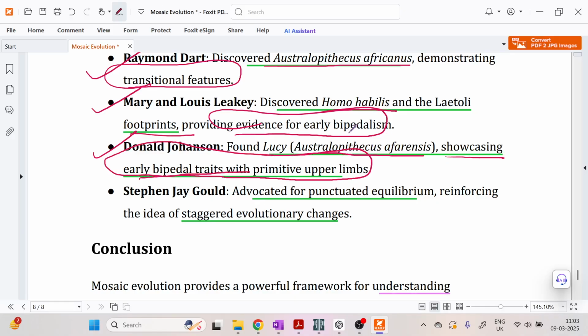So, ये जो Australopithecus में हमने बात की थी कि most of the transitional species they exhibit a mixture of ancestral and derived trait.